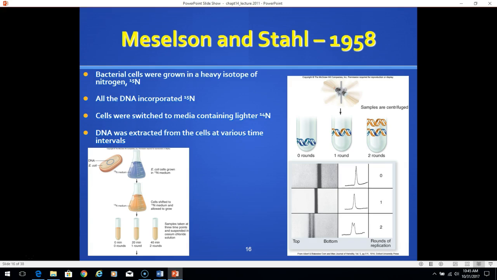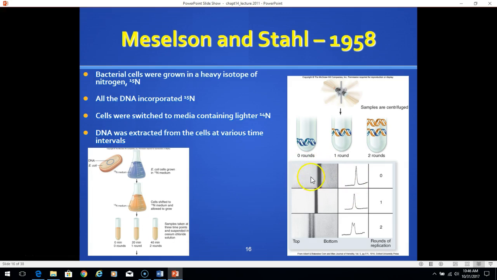Nitrogen gets incorporated into many different components of the bacterium. Once they grew up the bacterium completely in radioactive media, they would take a small sampling of that bacteria and transfer it into fresh media that did not have that radioactivity. They would follow each generation every 20 minutes and take samples to determine how much radioactivity was still there.